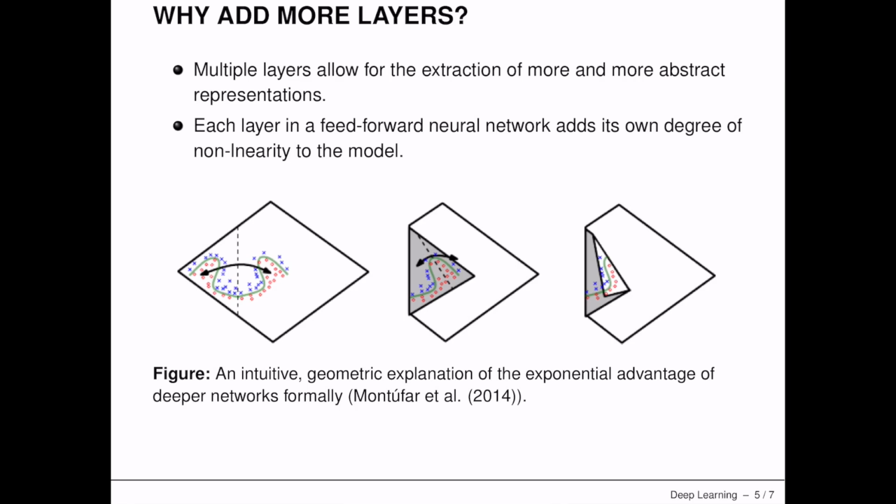So one can express more complicated functions with a network having more layers than a neural network with just a single hidden layer, and there are theoretical studies on understanding this advantage, as for example this work of Guido Montúfar et al., where they quantify the linear regions of ReLU networks.